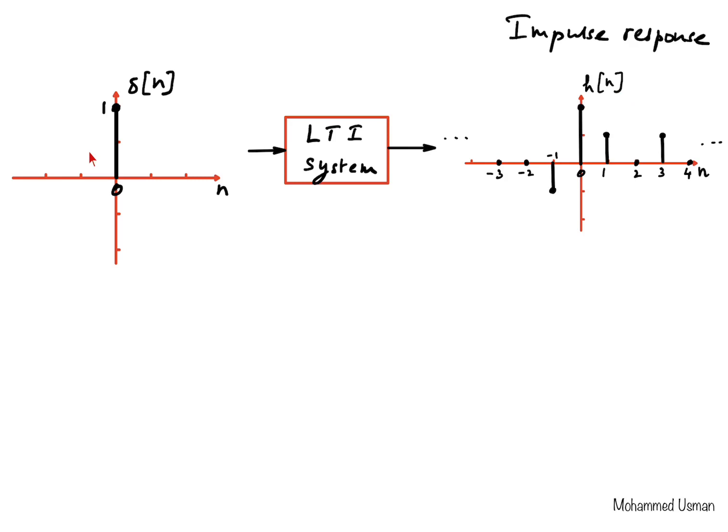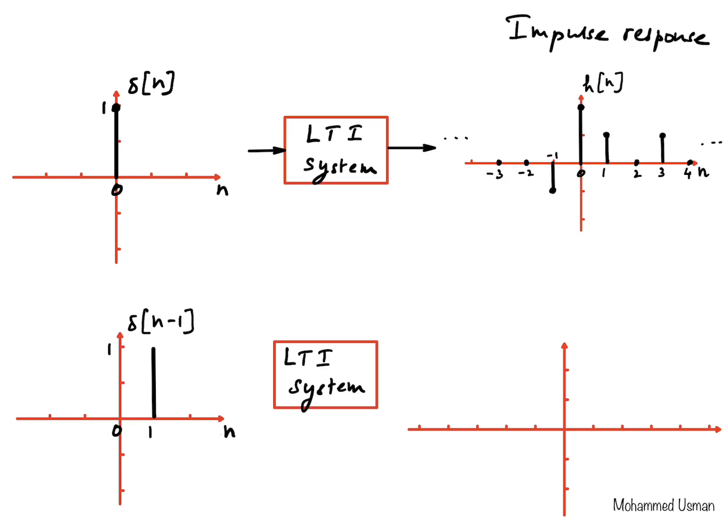If the input gets shifted to the right by 1 sample unit, that is, if the input is delta of n minus 1, then the output will also be shifted by 1 to the right. That means when the input is delta of n minus 1, the output should be h of n minus 1. That is when the time invariance property is satisfied. So let's illustrate that as well.